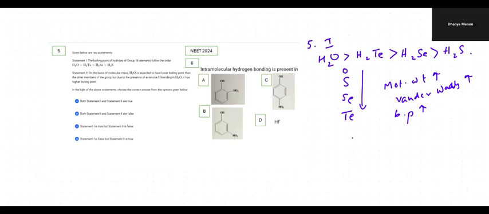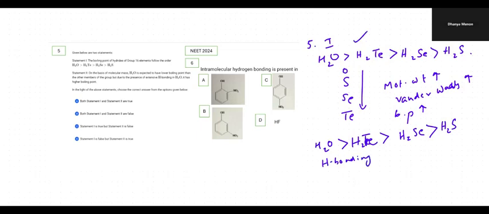The hydride of tellurium has a higher boiling point than the hydride of selenium, which has a higher boiling point than sulfur, but the highest is oxygen, that is water, because there is additional hydrogen bonding in water. So this statement is true. Now let's check the second one.